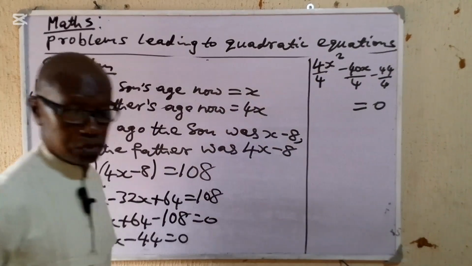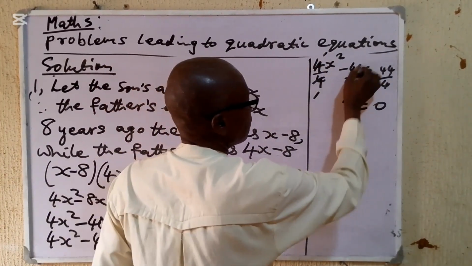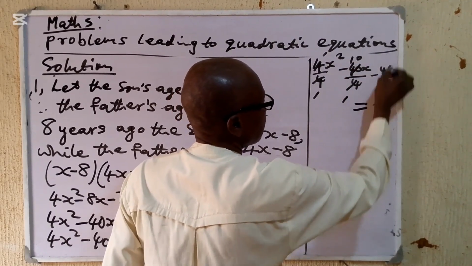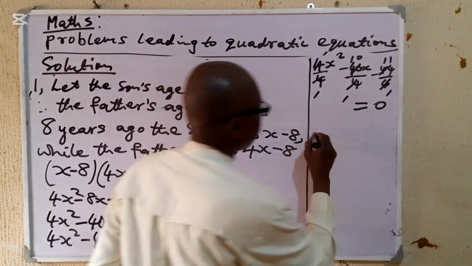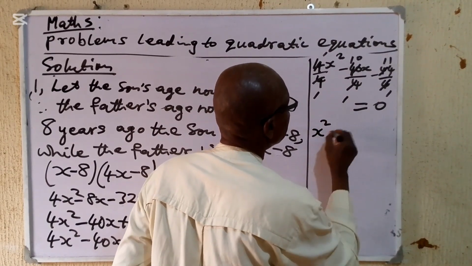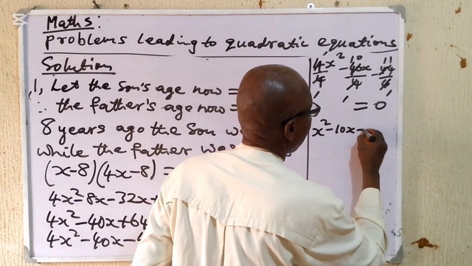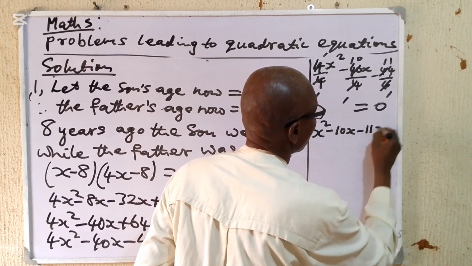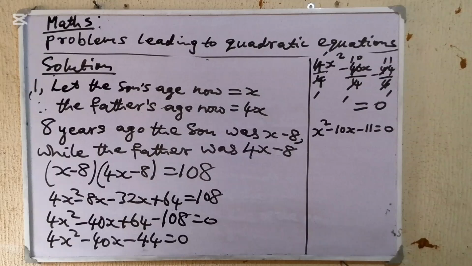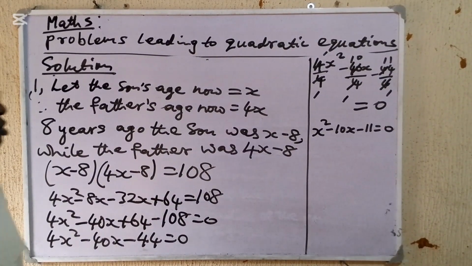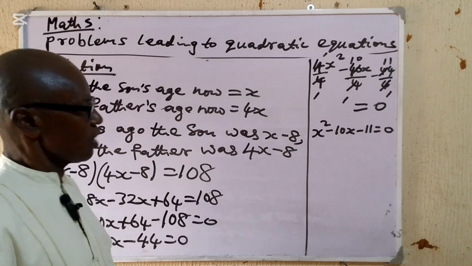If you divide, this is 1, this is 10, this is 11. Which means we are now having x squared minus 10x minus 11 equal to 0. And then here we can use any method to solve, either general formula, completing the square, or factorization.